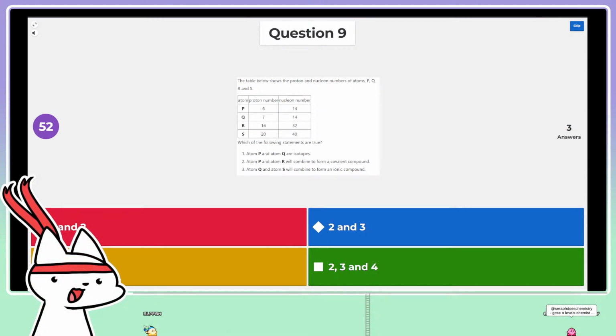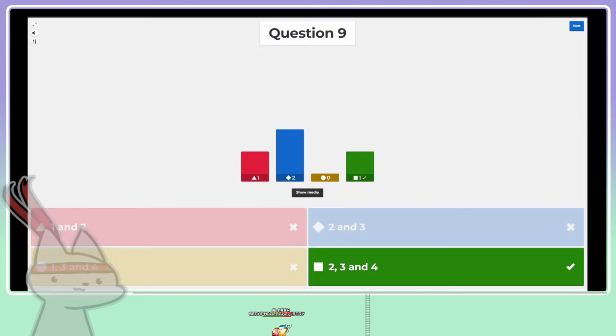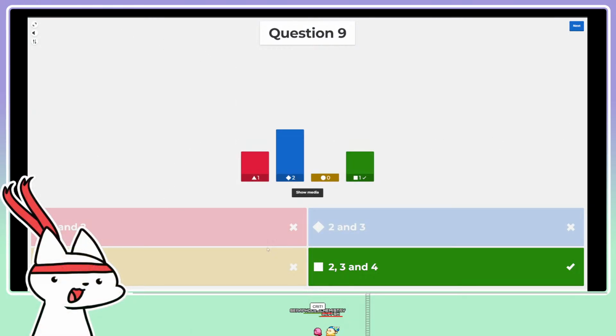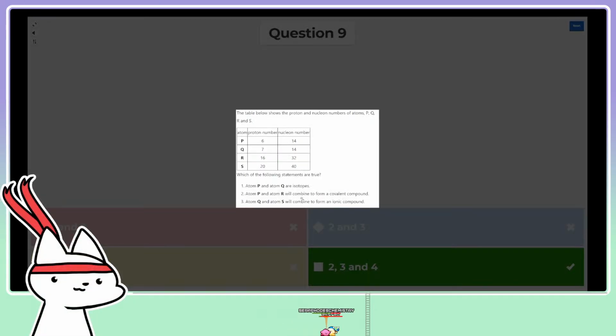Why is there 4? Huh. Okay. Interesting. Okay. The answer is 2, 3, 4. I have no idea. I think the picture got cut off.